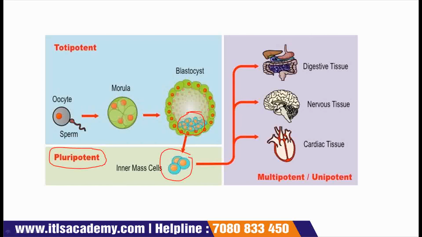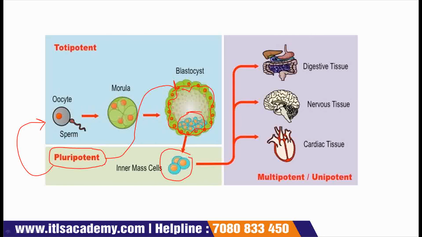It can give rise to almost all kinds of cells, but not all. It cannot give rise to the zygote. Also, it cannot form the covering of the blastocyst. This cannot be formed by pluripotent cells.